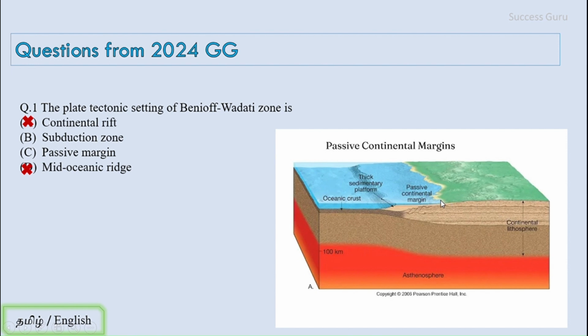There will be a small continental shelf followed by a very small continental slope, then an abyssal plain. In India, we have a passive margin on the eastern side and an active margin on the western side, to some extent. So this is also not the right answer, as we can't see any sort of Benioff zone and there is no tectonic activity here.